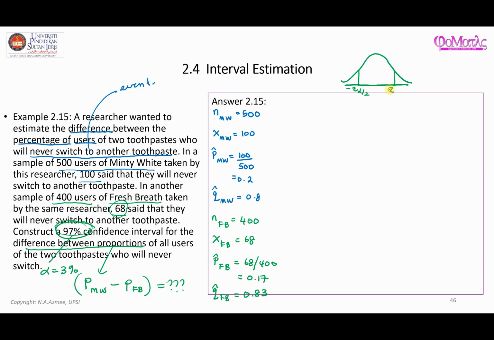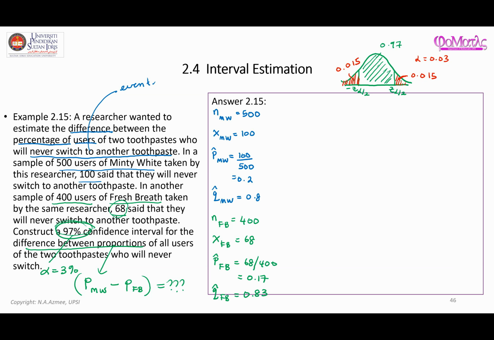This is at point z alpha over 2, and this area here is going to be equal to 0.97, and therefore alpha is going to be on these two ends of the distribution. On this side is alpha over 2, so alpha is 0.03, so alpha over 2 is going to be 0.015. So on this side the area here is also equal to 0.015.